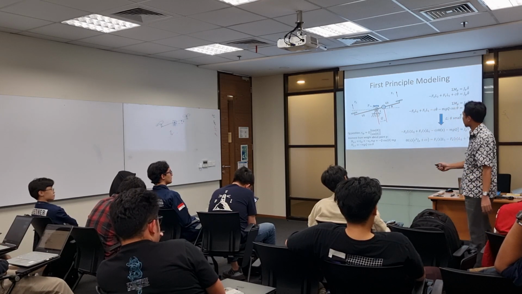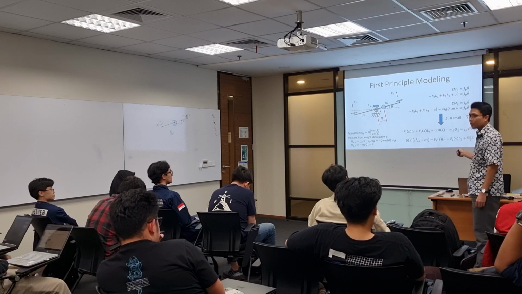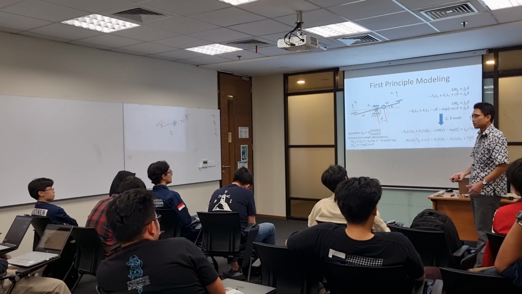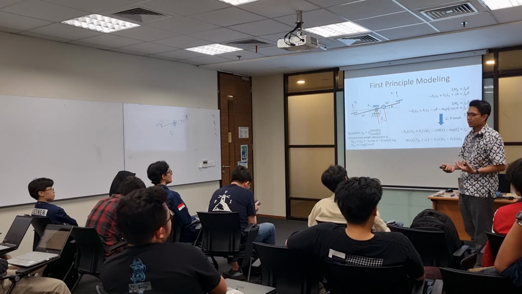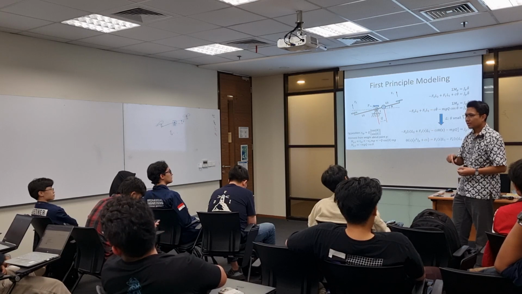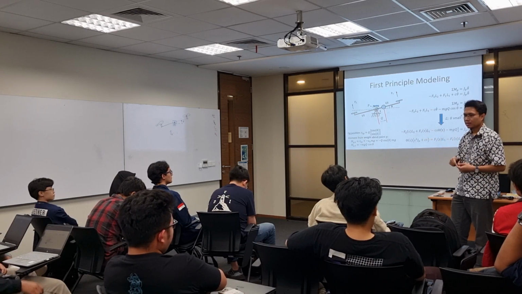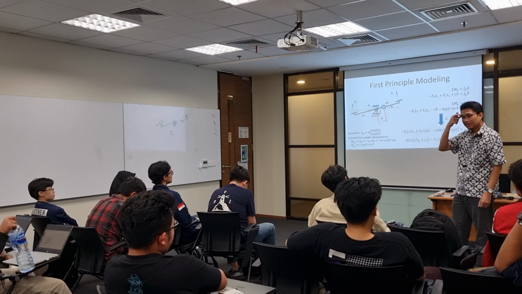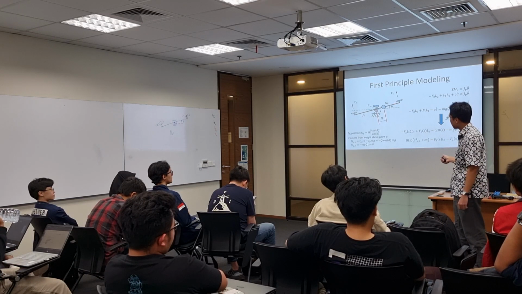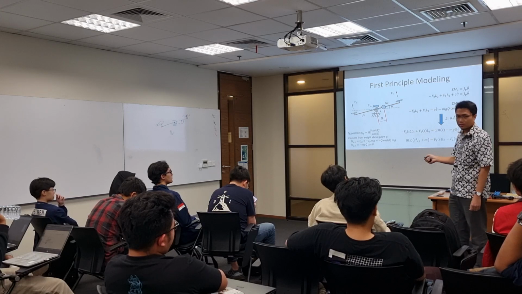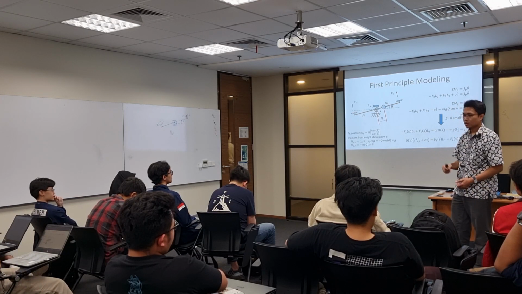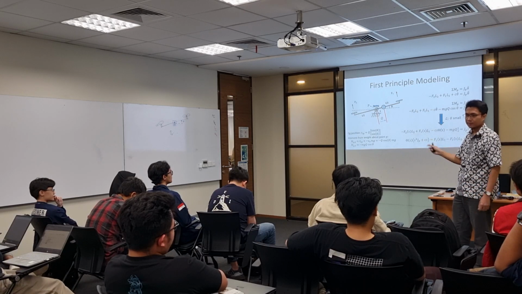However, your moment here is caused by the thrust itself, so that's going to make some kind of non-linearity in the model later. But we will do the modeling on the propeller itself and also on the motor. Okay, we will see later.